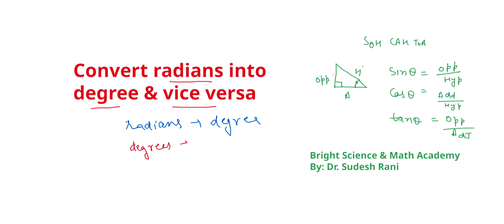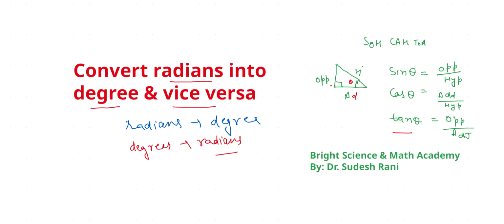In the previous lecture, we studied the relationship between sine theta, cos theta, and tan theta, and their expression in relation to sides. This is the angle theta, the side next to theta is the adjacent side, this is the side opposite to theta, and this is the hypotenuse.